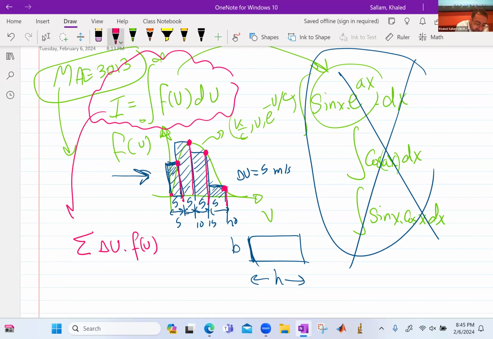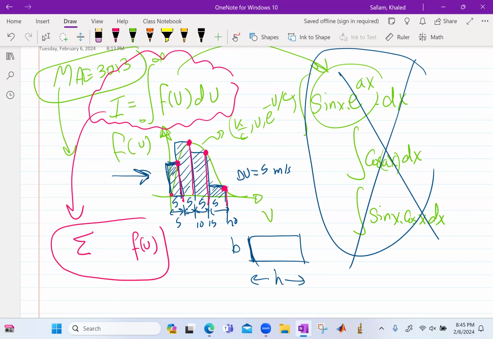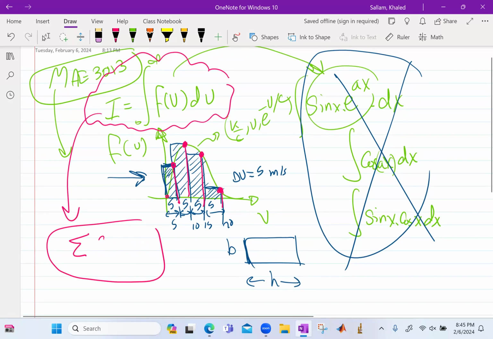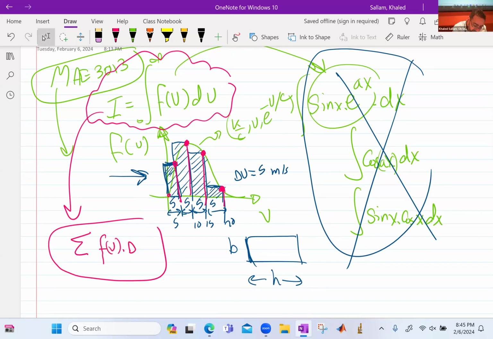So the numerical integration, you can see what happened. Let me make it f of V, the height, multiplied by the width. The dV is now delta V, and the f of V is the same, and the integration becomes summation.